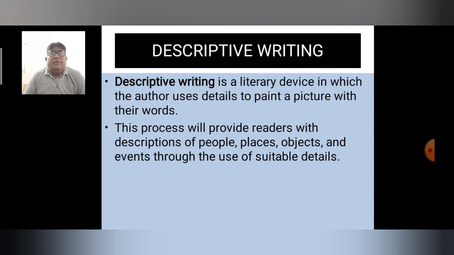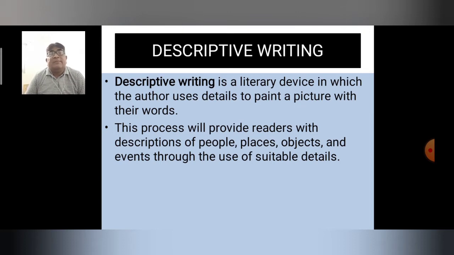And to improve this descriptive writing, one has to be a good reader. So, this process will provide the readers with description of people, places, objects and events through the use of suitable details.